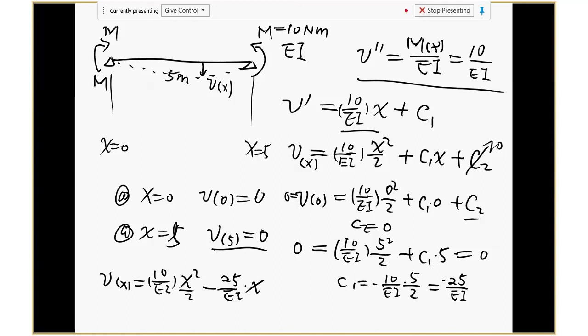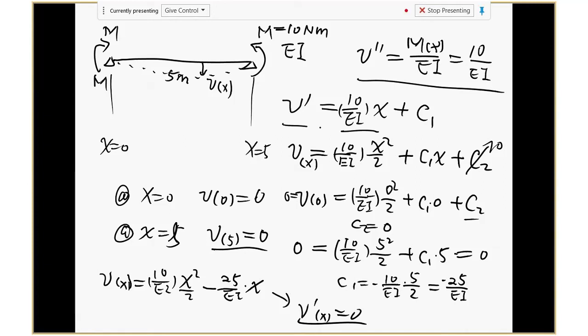You all agree? Okay, so we find the V. Now, can you find the V maximum? How do you find the maximum? You can go V prime x equals 0. That gives you the location x. Do we already have it somewhere?